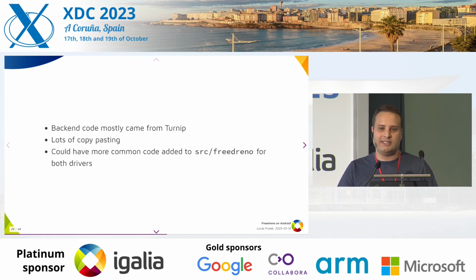I just had to translate it to the Freedreno backend interface. So it was a lot of copy pasting, and throughout the process, there was some code that could be moved to be common between Turnip and Freedreno. But not all of that has been done in the work I've been doing. So there's, again, always stuff you can do to clean up the code base and make it look nicer and work nicer and reduce copy paste.